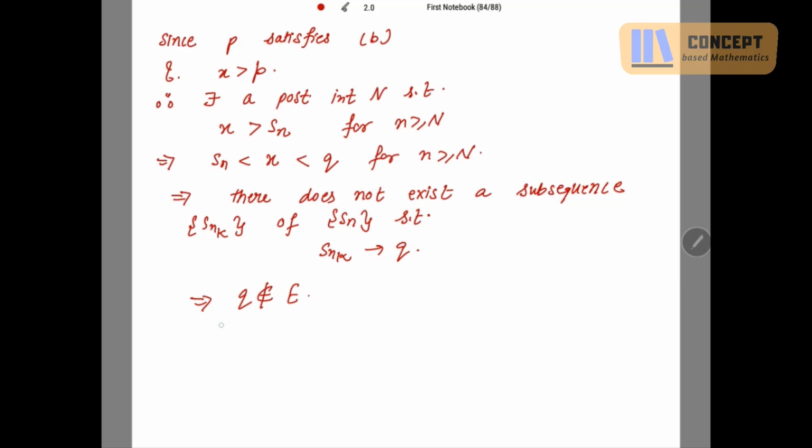Thus, Q cannot satisfy A. Right? So our supposition was wrong because we said that both these real numbers satisfy A and B. But from here we get that Q cannot satisfy A as it is not belonging to the set of subsequential limits. So our supposition was wrong.